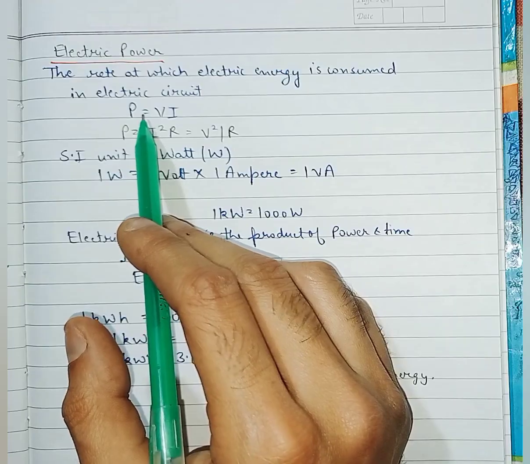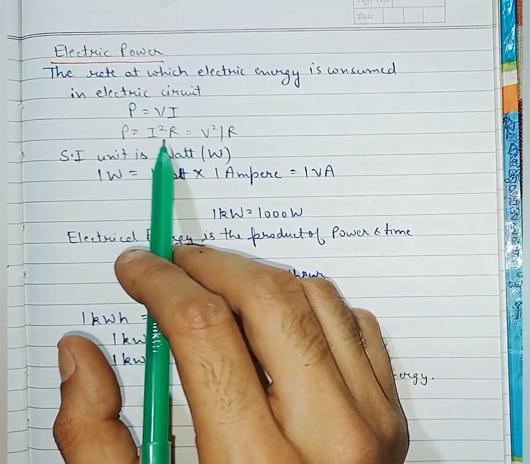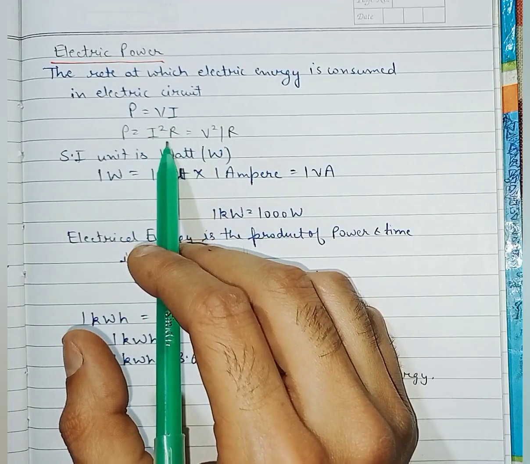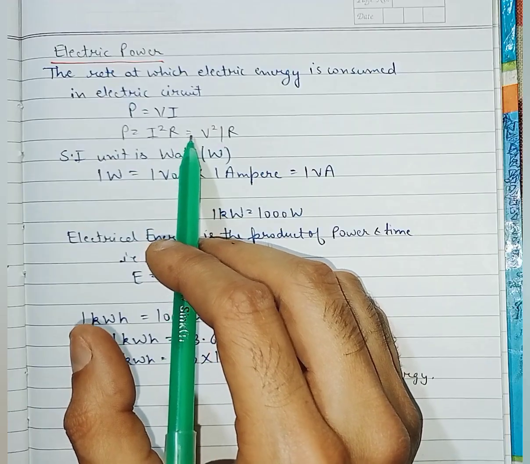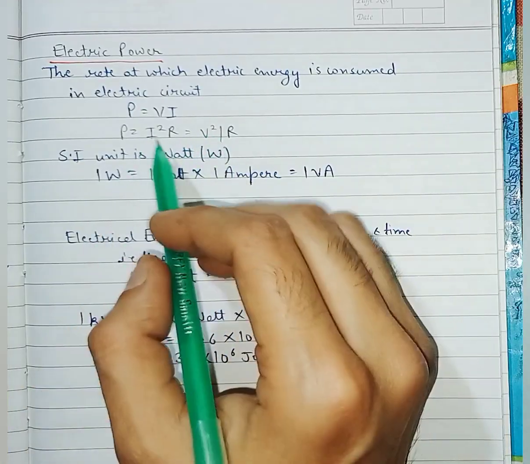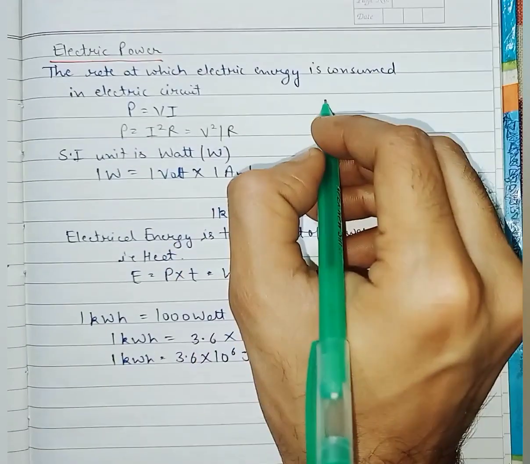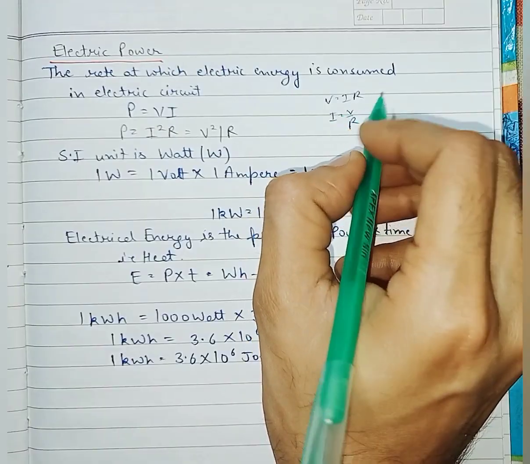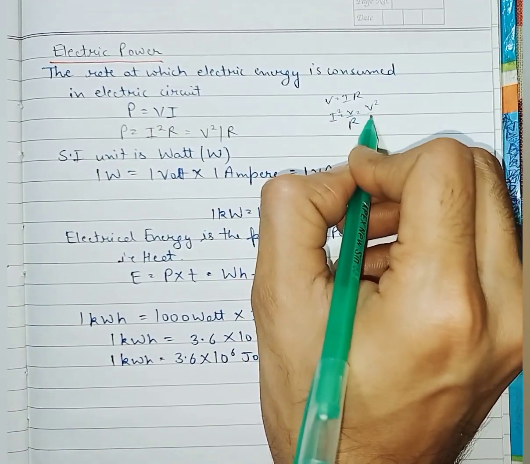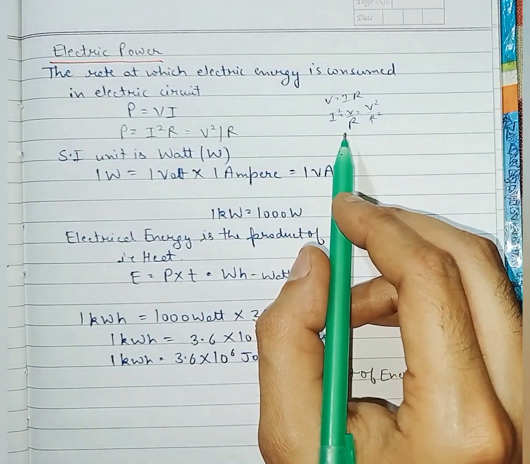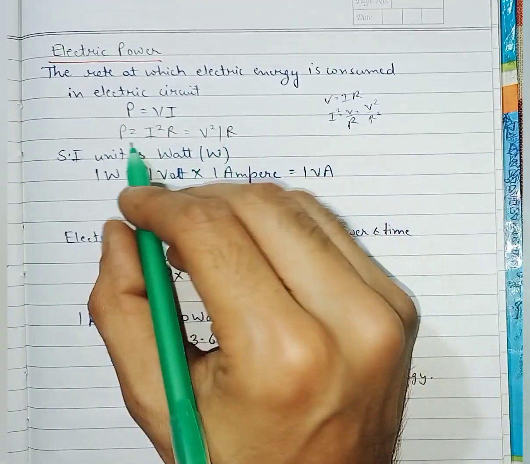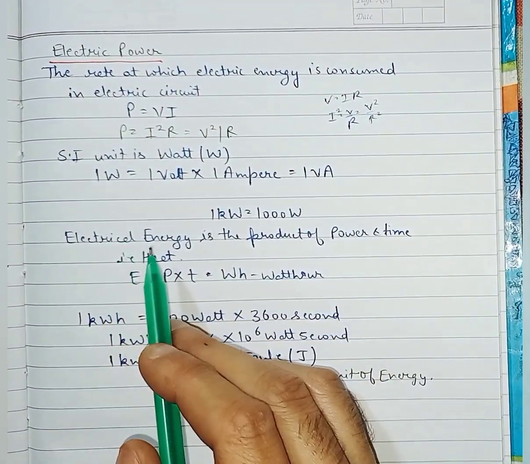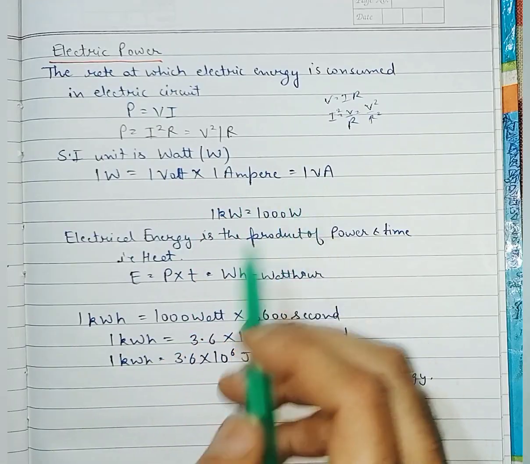We say that power P equals VI, and P equals I square R. Putting V equal to IR gives I square R. Also, I equals V by R, so I square is V square by R square, and from here we get P equal to V square by R. The SI unit is watt. 1 watt equals 1 volt into 1 ampere, which is 1 VA.